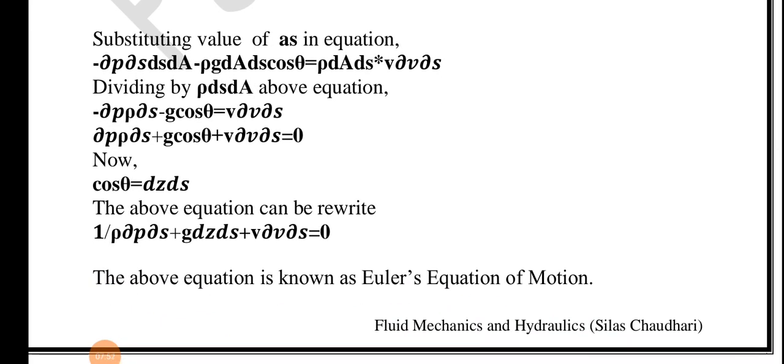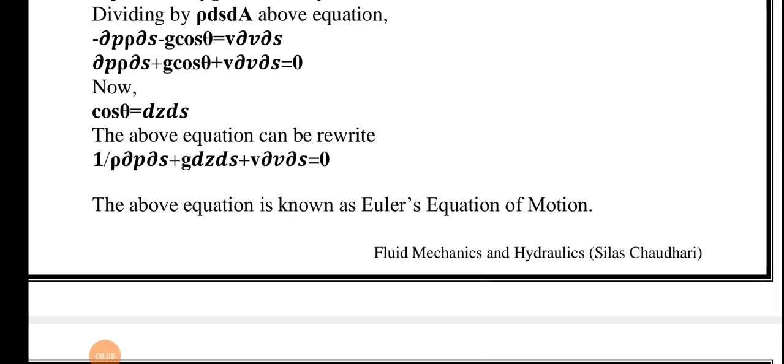So substituting the value of cos theta in this equation, the equation will be 1 by rho del p by del s plus g dz by ds plus v del v by del s equal to 0. The above equation is known as Euler's equation of motion. Okay, the Euler equation will be 1 by rho del p by del s plus g dz by ds plus v del v by del s equal to 0. Okay, thank you.